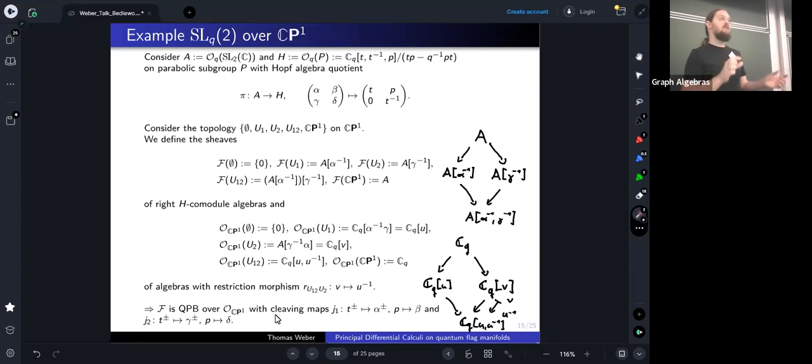So you still know what is happening on the stalk, on this maximal intersection. So those spaces don't change. But in principle, you might have to sheafify; you are defining something which you call a sheaf.